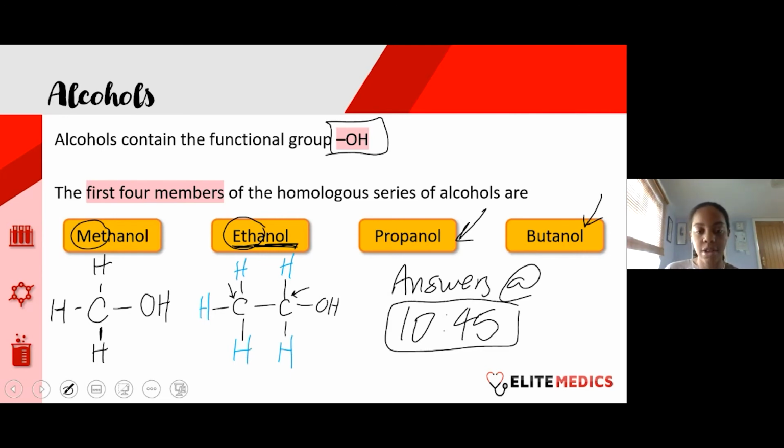Okay, guys, you just have under 2 minutes left. If you're stuck, remember, dissect the name, okay? Look at what the name starts with, look at what it ends with, and it will tell you a whole load of information on how to draw this molecule, okay?